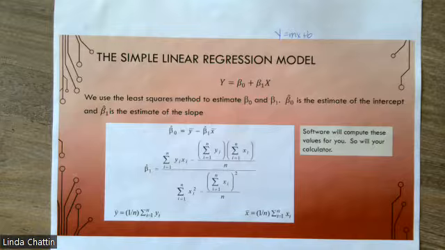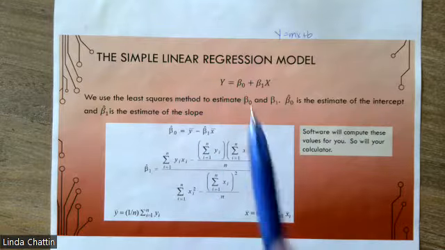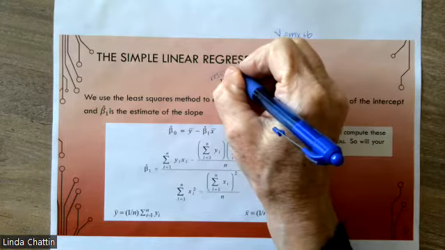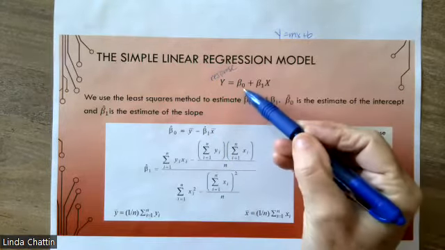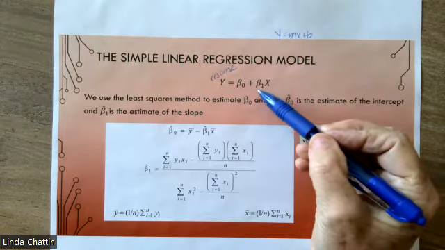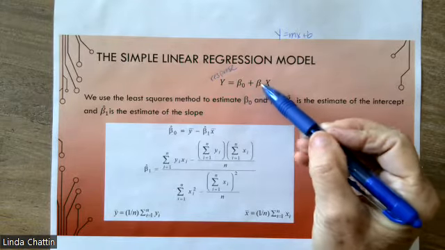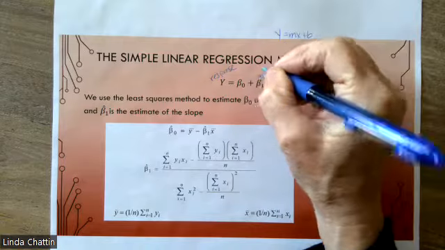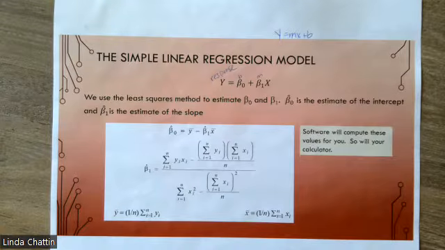In more scientific notation, we'll have y, which sometimes we call the response, equal to some constant, beta naught, which corresponds to b here, plus beta 1, which corresponds to the slope. So you can kind of think of it that way.